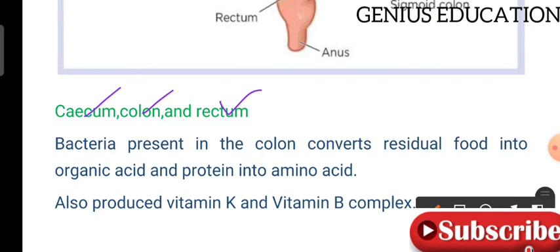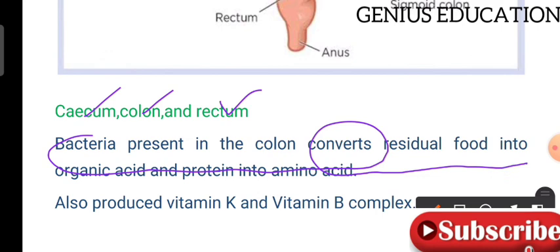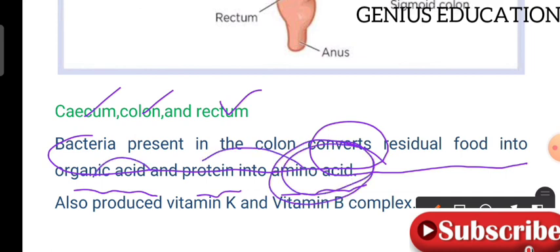There is some bacteria present inside the colon, which converts residual food into organic acid and protein into amino acid. Where? Inside the large intestine. How? Because there is bacteria present, which also helps produce some vitamins like K and vitamin B complex.